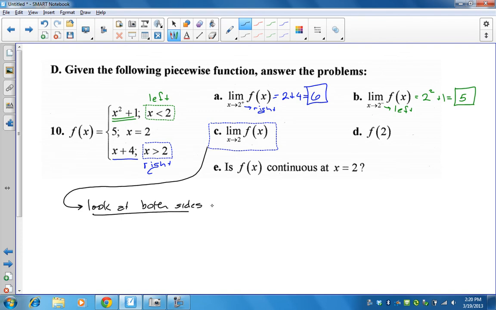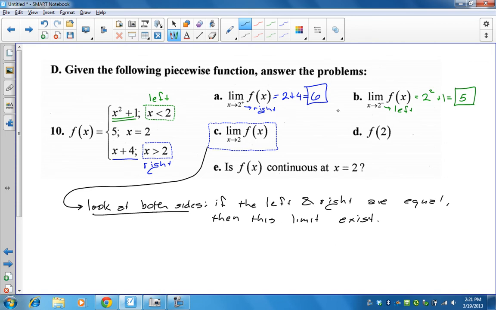And if both sides are the same, if the left and right are equal, then that's the answer to the limit as x approaches 2. Then this limit exists. Otherwise, this limit does not exist.